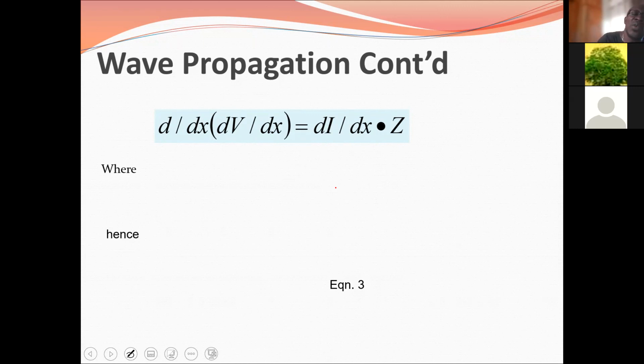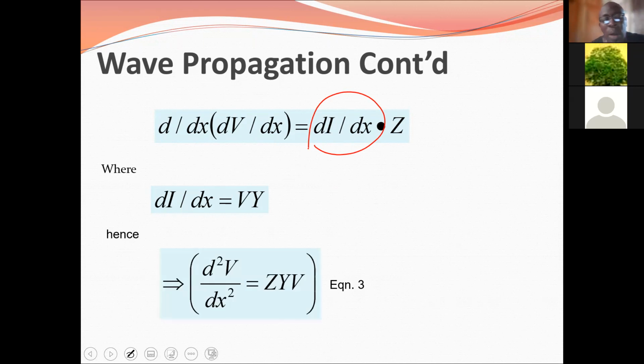But of course, we already know what di/dx is equal to. Di/dx from our second equation is equal to Vy. So it means therefore that d/dx of dV/dx, the second differential, will be equal to zyV.